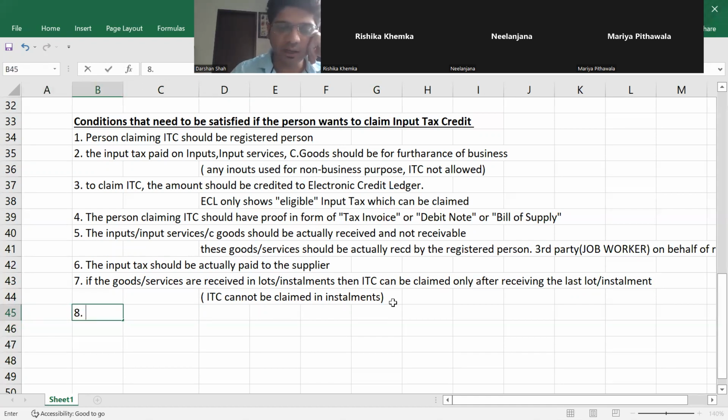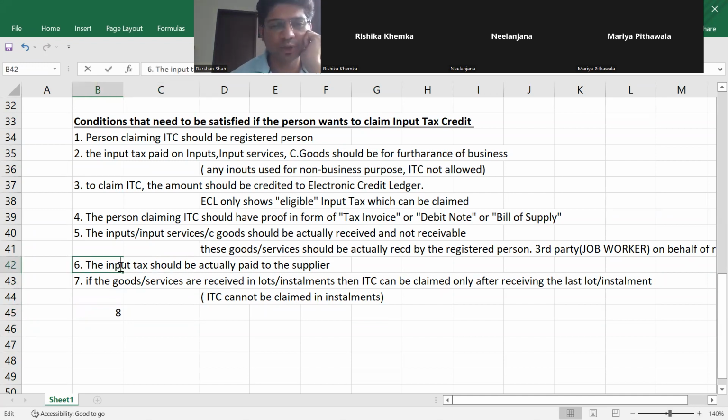This is an amendment, a new rule they have put in. See if this is clear. Is this clear or not? Yes, sir.